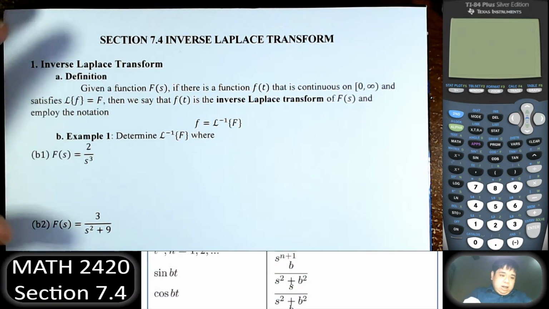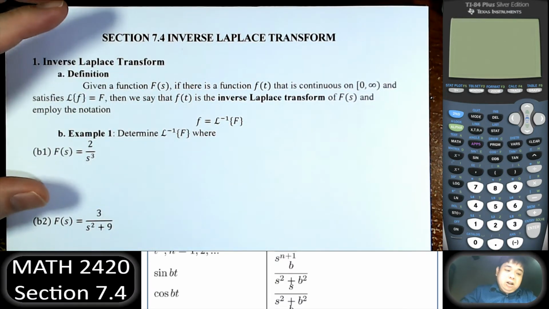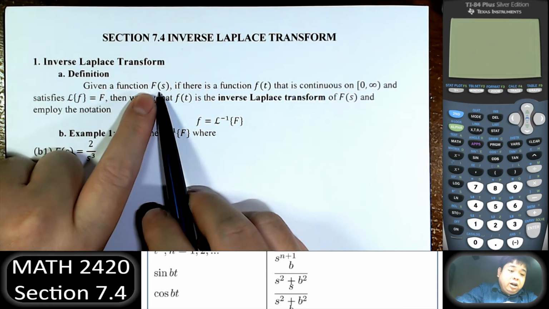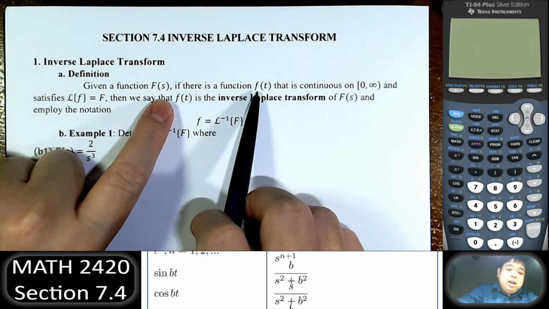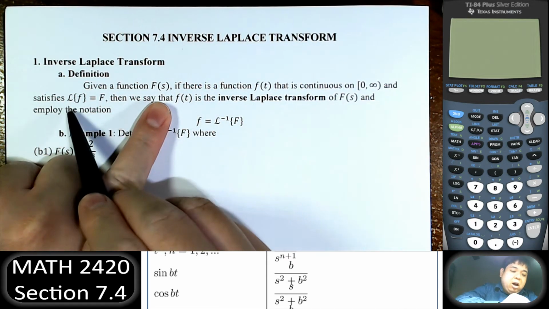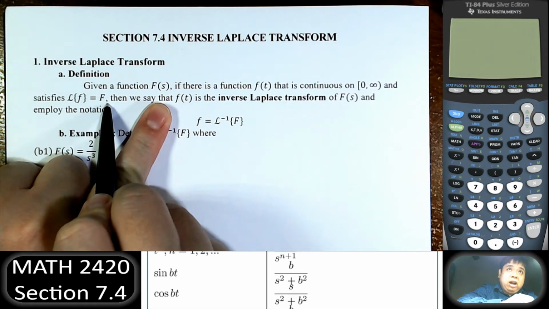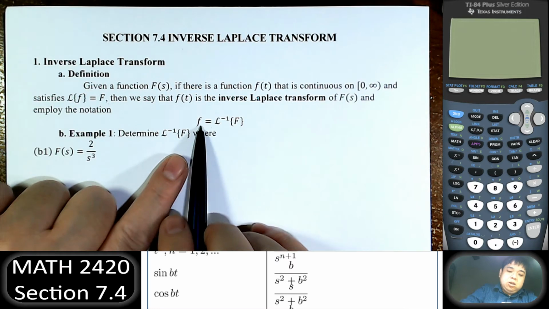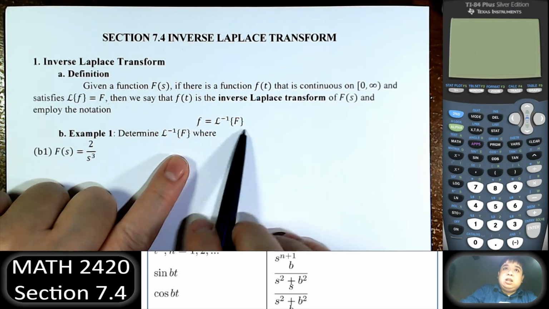Now with that, let's define the inverse Laplace transform. Given a function capital F in terms of s, if there's a function f such that the Laplace transform of f is equal to capital F, then we say f of t is the inverse transform of F of s. So the inverse is given like this.